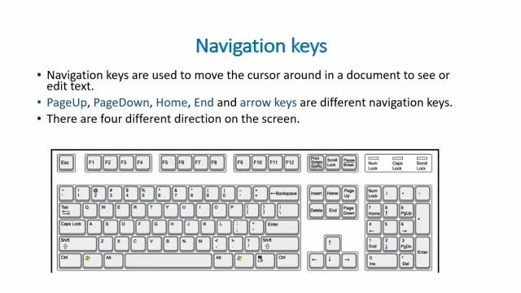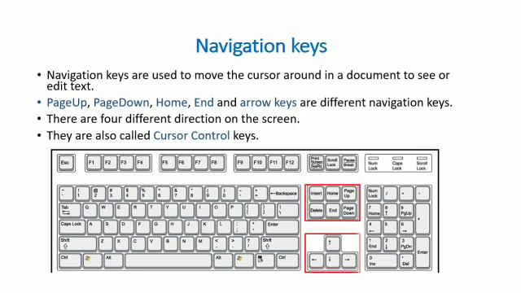There are 4 different directions on screen, like upside, downside, left side and right side. So arrow keys are also called cursor keys. You can see here we have arrow keys and navigation keys like page up, page down, home and 4 arrow keys: up arrow key, down arrow key, left arrow key and right arrow key.